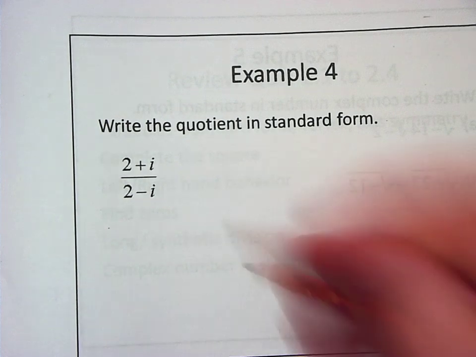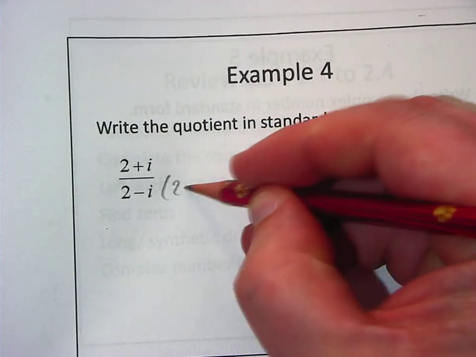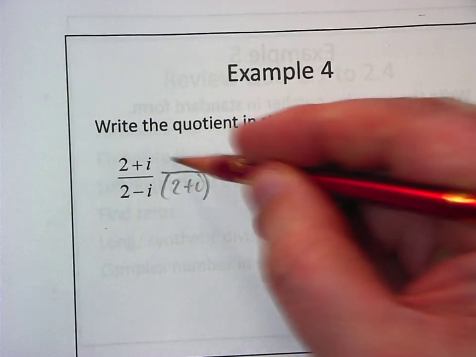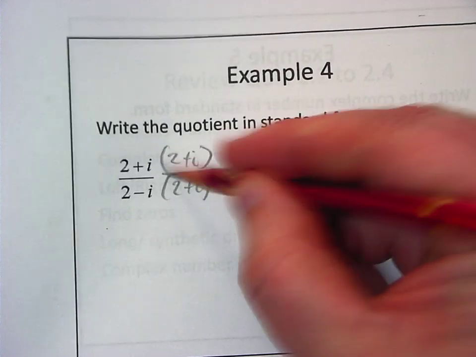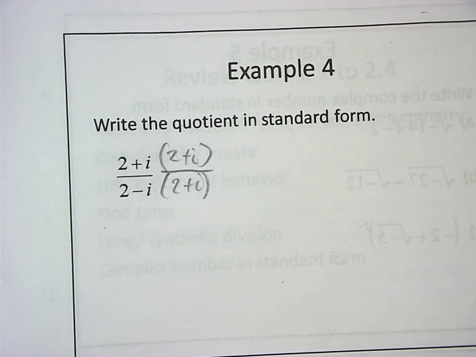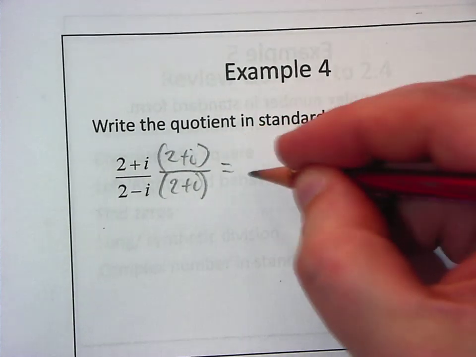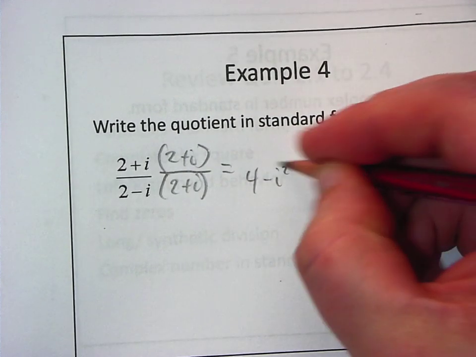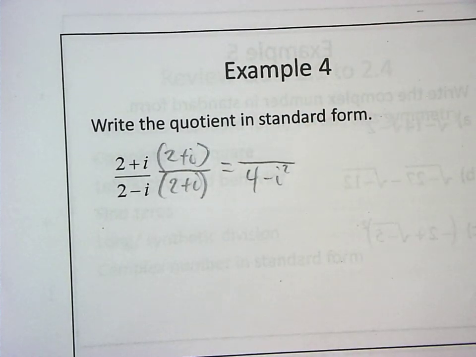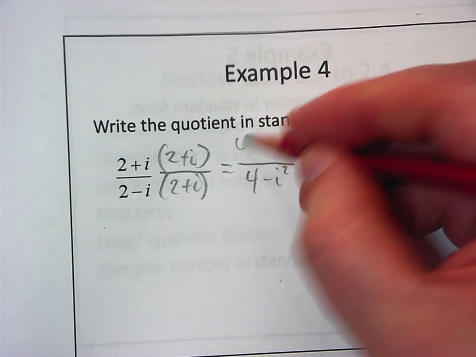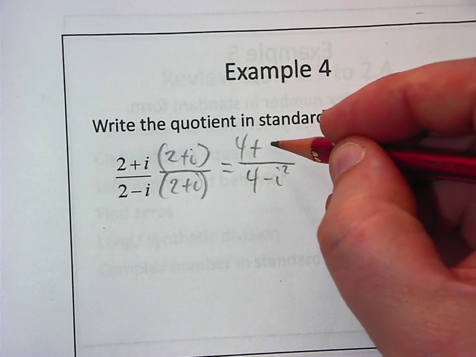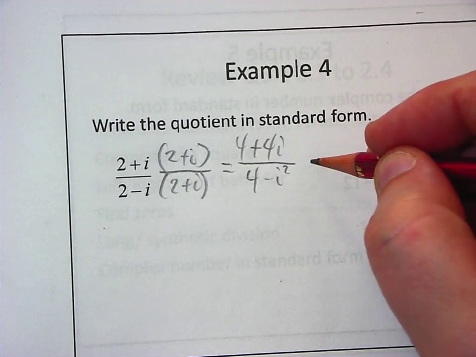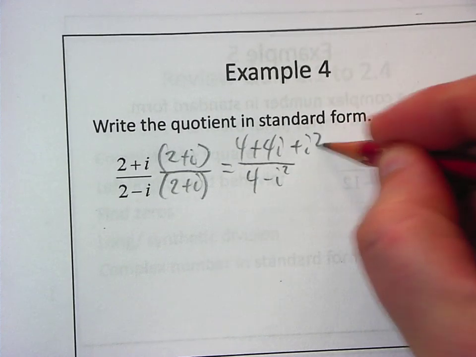Of the bottom. Yep. The idea is you want to multiply the bottom times its conjugate. But if you multiply the bottom of a fraction, you also have to multiply the top. So on the bottom, you're just going to get 4 minus i squared. On the top, you're going to get what? Plus i squared.